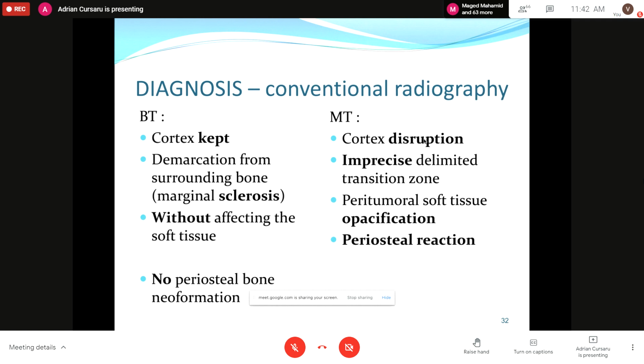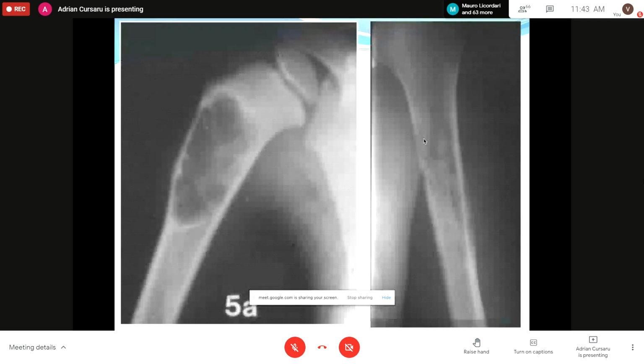In malignant tumors, in most cases, you have a periosteal reaction. In benign tumors, you don't have the periosteal reaction, except in a borderline tumor that was a benign one and is now a malignant one. But that's a specific sign for the malignant tumors, the periosteal reaction.